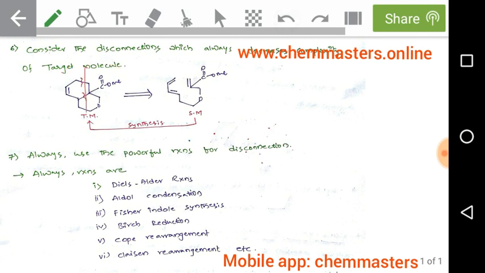Now if we disconnect the target molecule at these two bonds, it can produce the substrate by which we can easily produce this targeted molecule, because we are familiar with diene and dienophile reactions, that means 4+2 pericyclic or concerted reactions. Okay, so that's why we need to follow disconnections with decreasing complexity of target molecules.